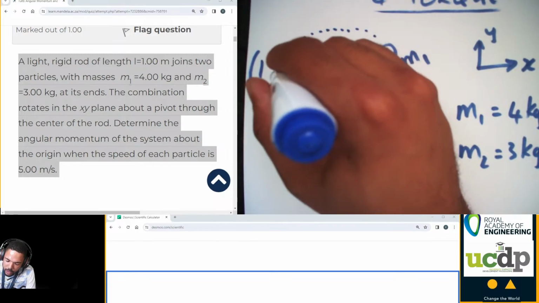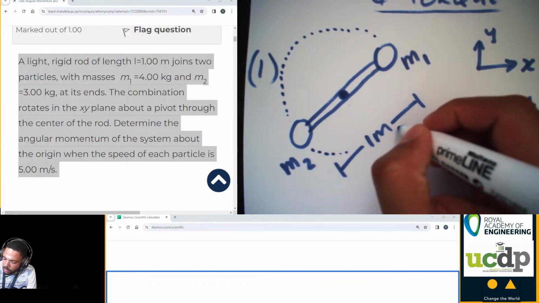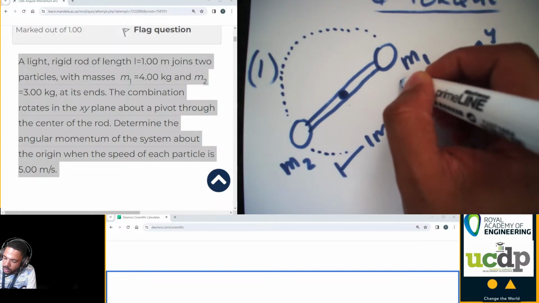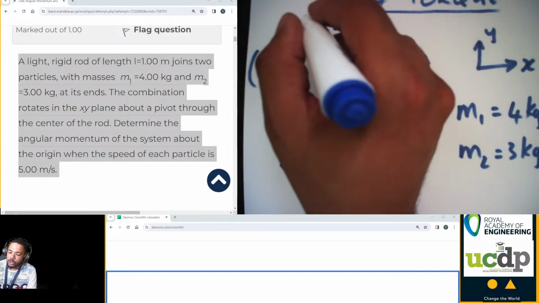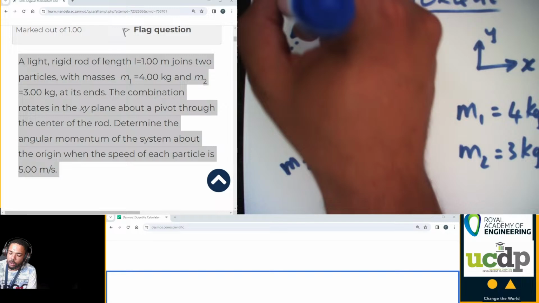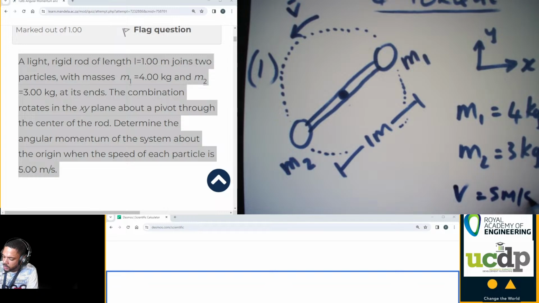This is going to be a very bad circle, I know. The system is going to rotate with a certain velocity v, and that velocity, they told us, is equal to 5 meters per second.